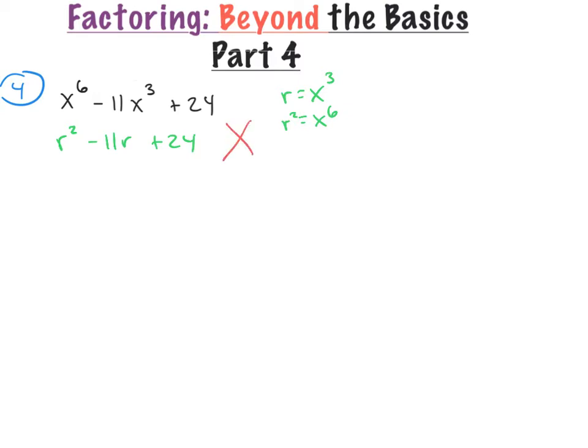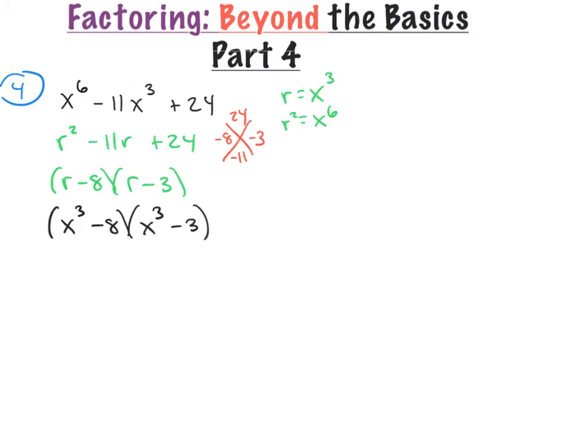Again, that should be pretty easy to factor. Two numbers that multiply to be 24 and add to negative 11 are 8 and 3, as long as they're both negative. So we have r minus 8 and r minus 3. Okay, going back to x's, this would be x cubed minus 8, x cubed minus 3.